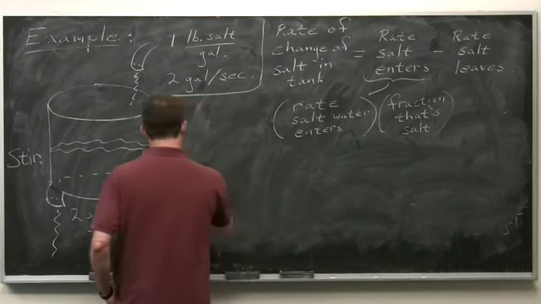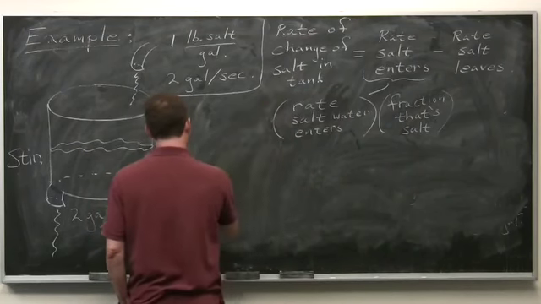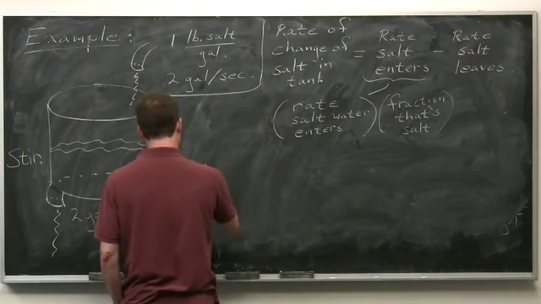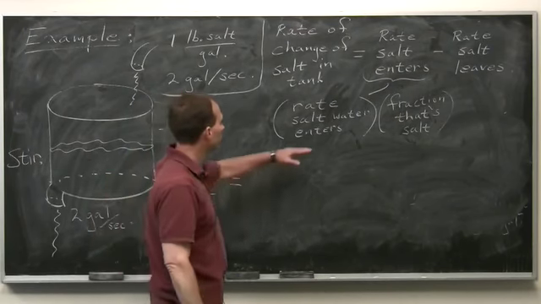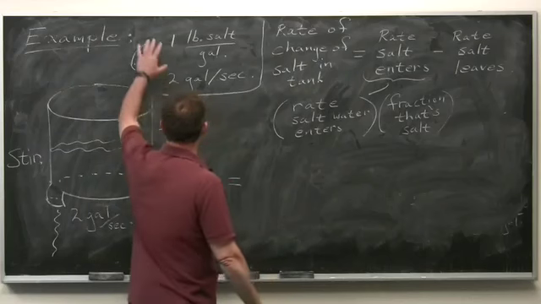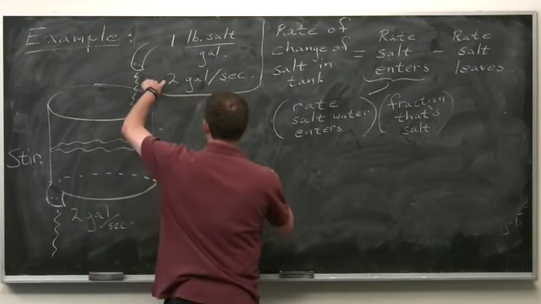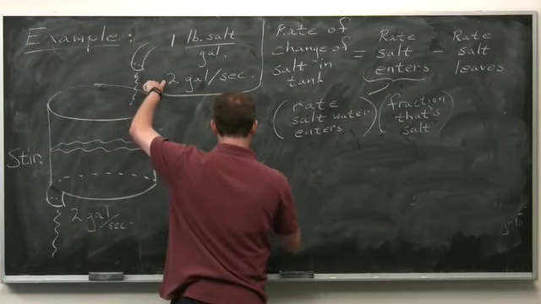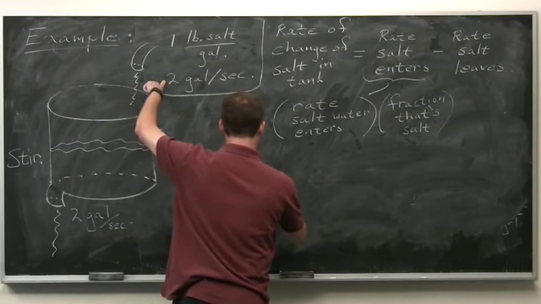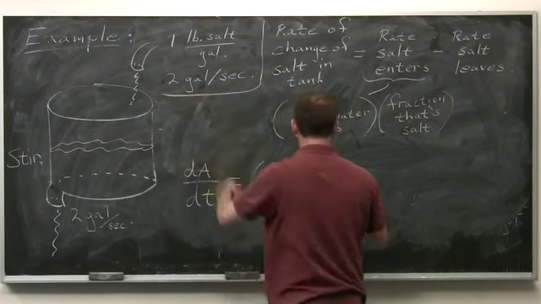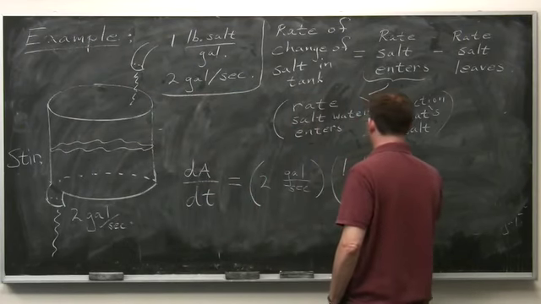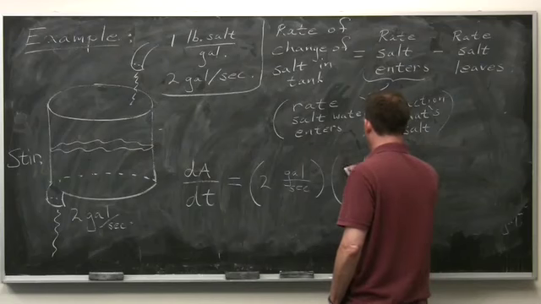So what do you get? The rate of change of salt in the tank, dA/dt, equals the rate salt water enters times the fraction that's salt. The rate salt water is entering is 2 gallons. Actually, maybe I'll write the units so you can see how they end up. You get 2 gallons per second times the fraction that's salt, 1 pound per gallon.